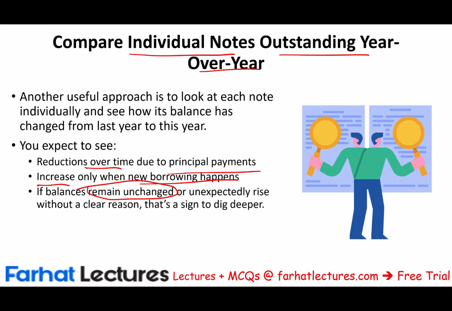Or you might be falling behind, and as a result, your balance is going up due to penalties. But you have to have a reason. If it's unexpectedly rising and you're having problems paying off your loan, then you have a deeper issue. You might have a going concern issue. So the point is, you should see what should be the norm, and if it's not happening, why not? And from that why not, you should learn more about the company.